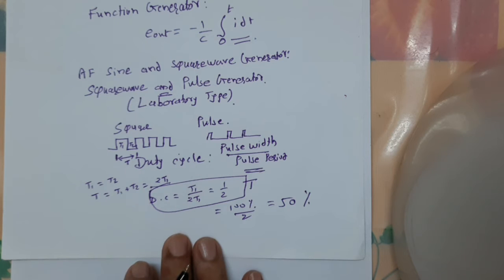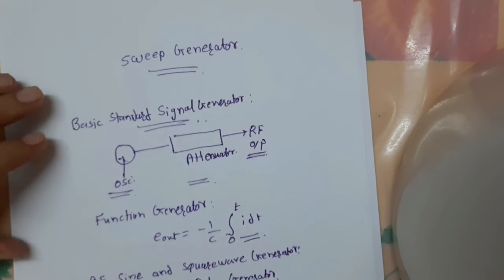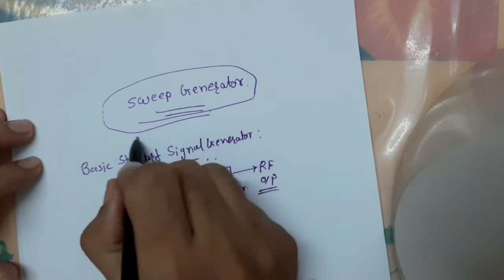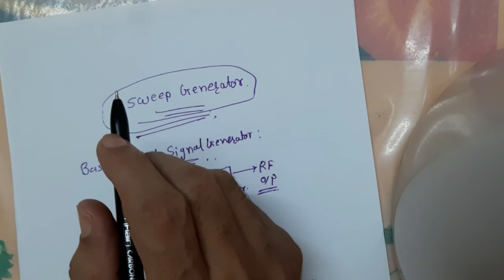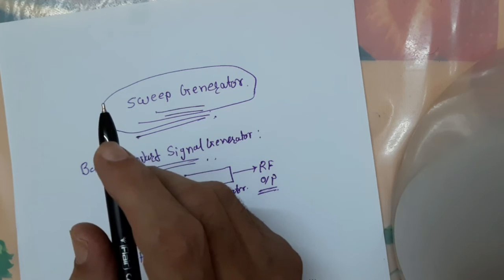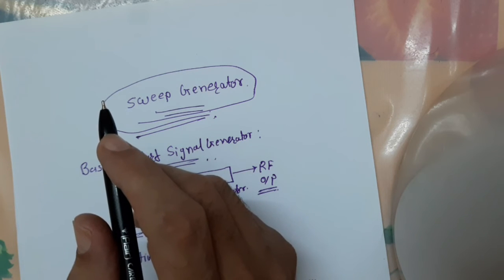The last topic that we are discussing here is the sweep generator. This sweep generator provides a sinusoidal output voltage whose frequency varies smoothly and continuously over an entire frequency band.